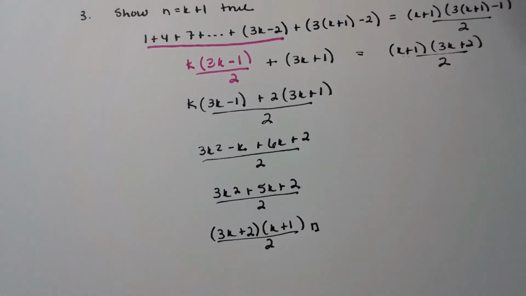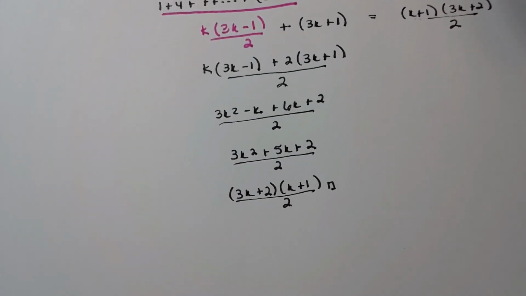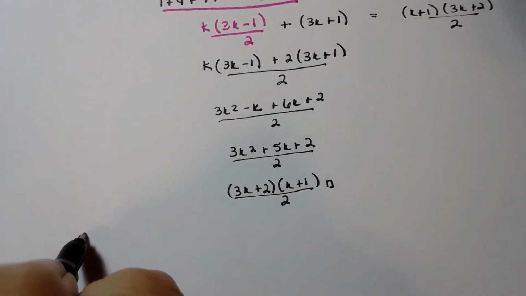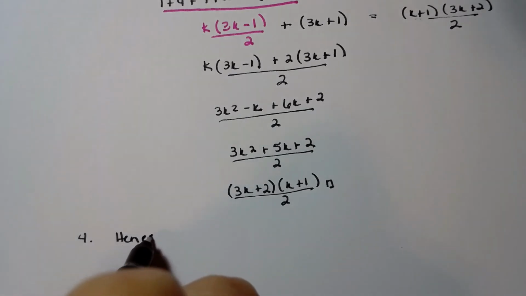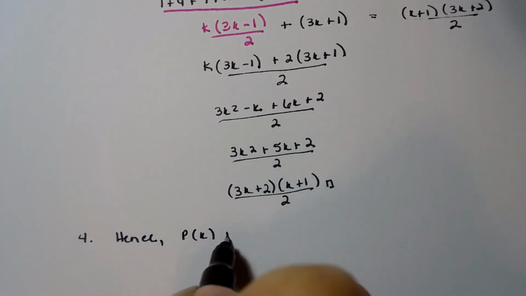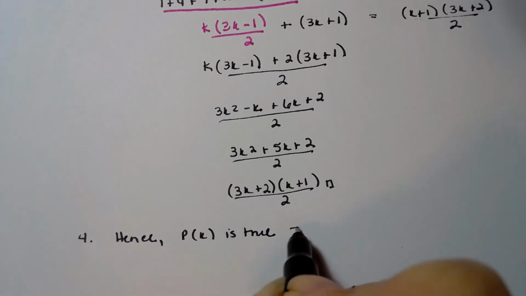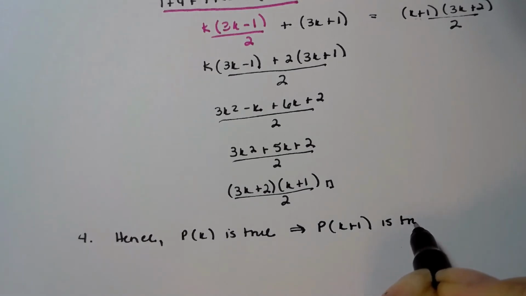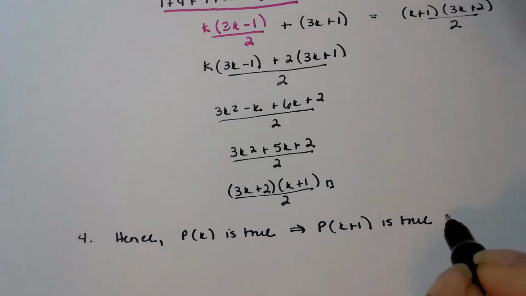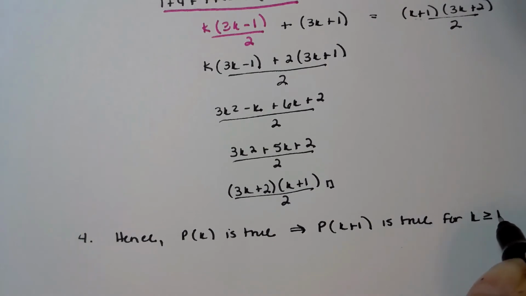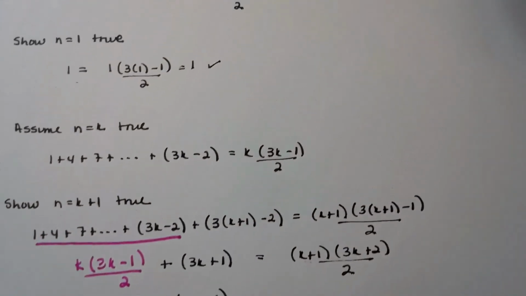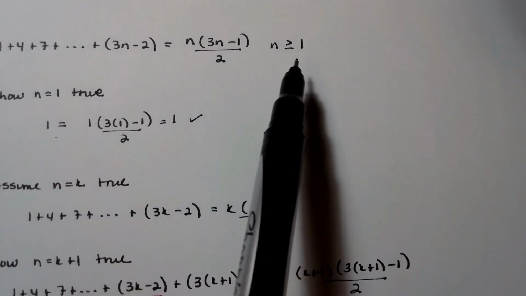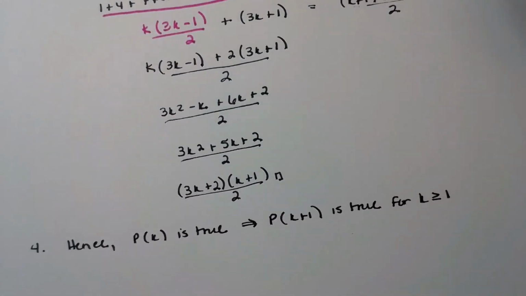Now I need to write my hence statement. So I'm going to say hence P of k is true implies that P of k plus 1 is true, for k greater than or equal to 1, because remember, back up here it started out with n greater than or equal to 1, so that restriction was there.